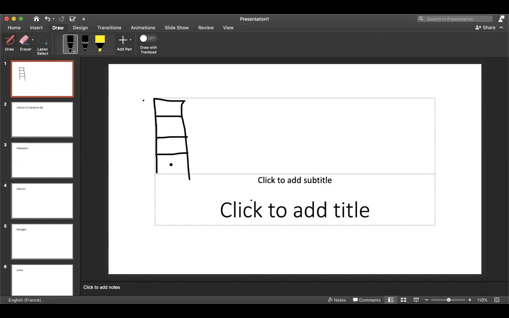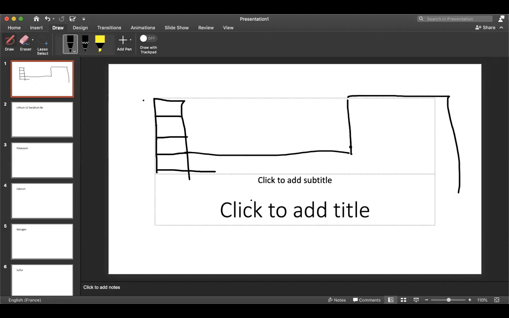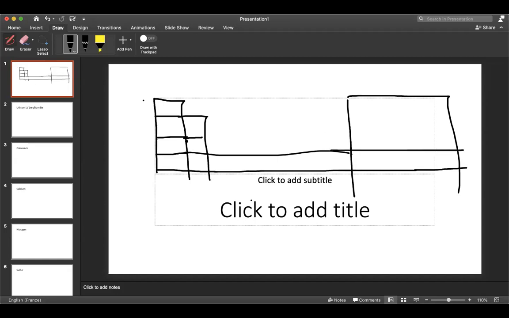So 1, 2, 3, 4. Do you guys know the periodic table? This is 1, 2, 3, 4, 5, 6, 7.